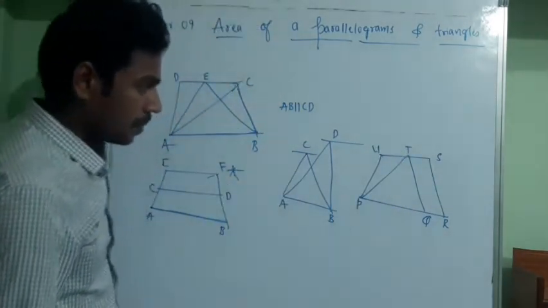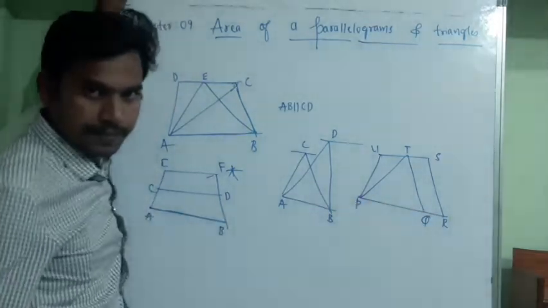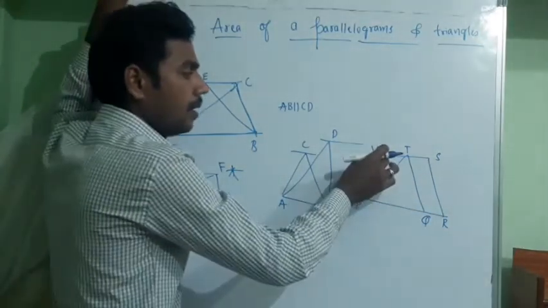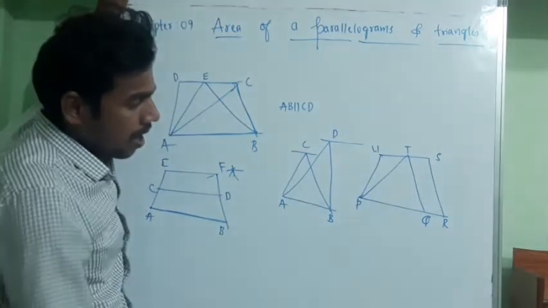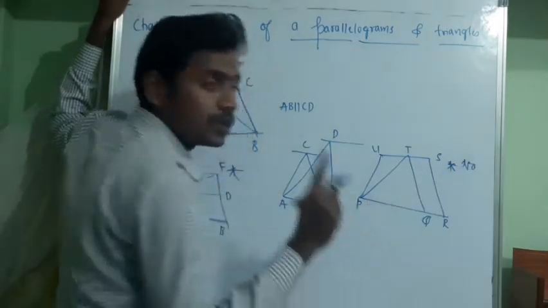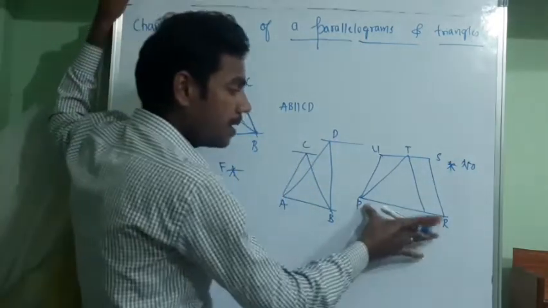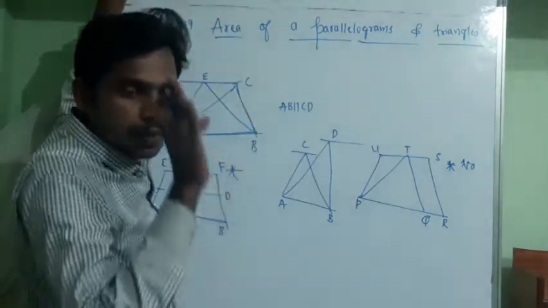So this is the base, and opposite vertices are collinear. Does this satisfy the condition? No, because there should be only one base. There should be one common base.